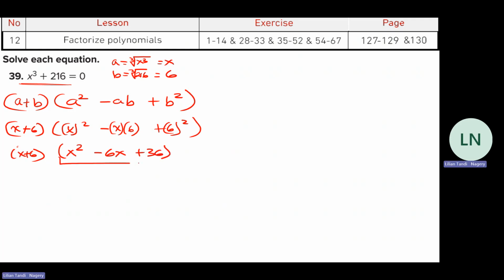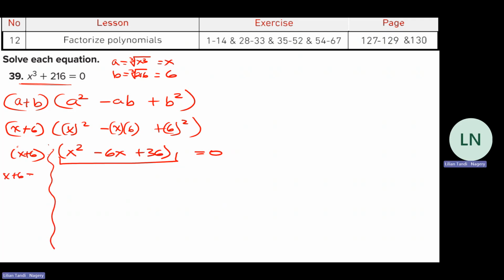Okay, you need to break this down. You can put it in the calculator, you can do jadwal, you can do the quadratic formula. It's up to you what you want to do. But then remember, all this equals 0. So solve this first.